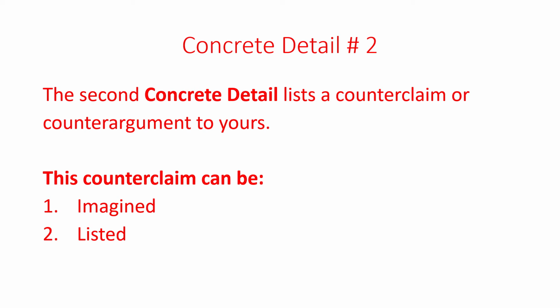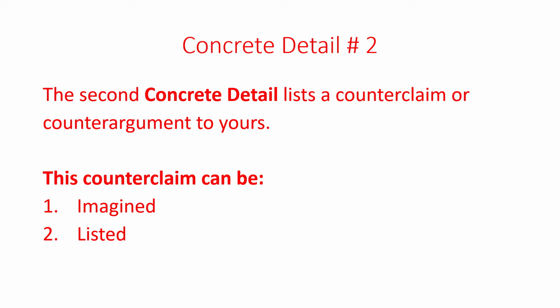So if that's the case, you'll start off this sentence by saying some people may argue, and you'll explain their arguments. Many times, though, when you are reading sources to write an essay, you'll find listed counterclaims and counter-arguments, meaning other people's arguments against your side, your position, will be listed.